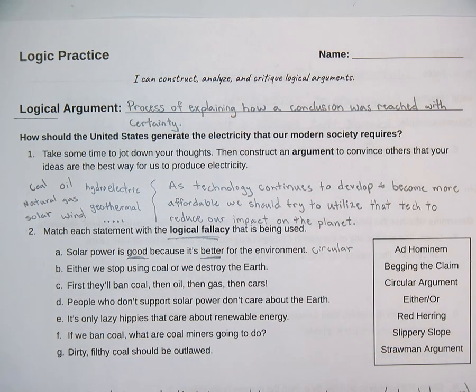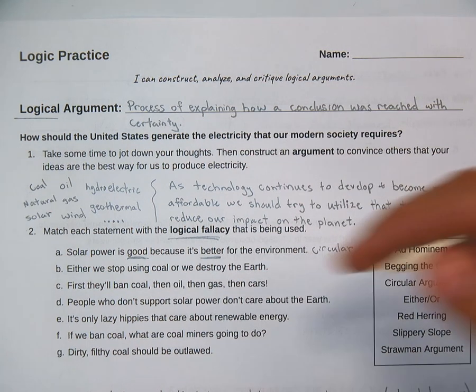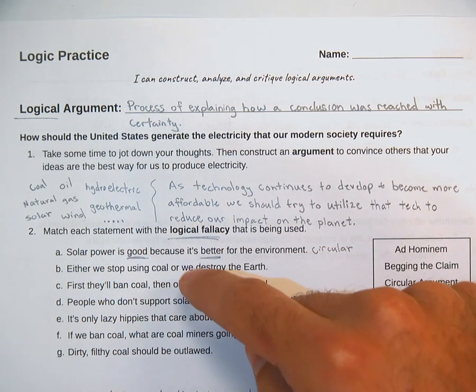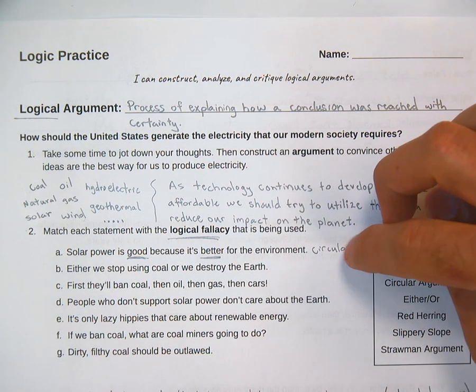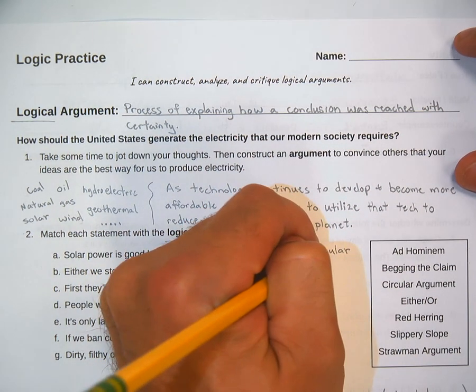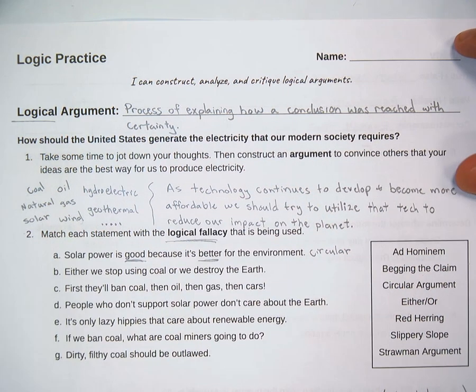And it's circular because it restates the argument rather than proving that the claim is true. Simply saying that it is better is just restating that it's good. You didn't really get anywhere in this argument. You just kind of circle back to your original premise or your original statement.